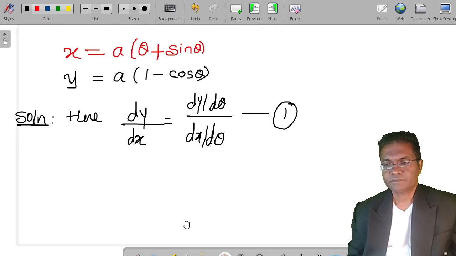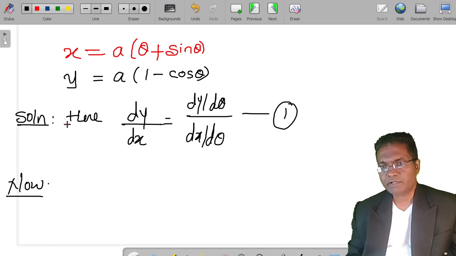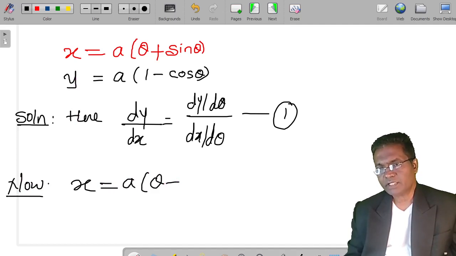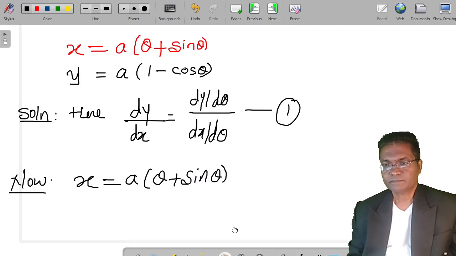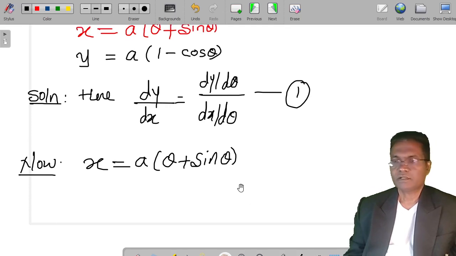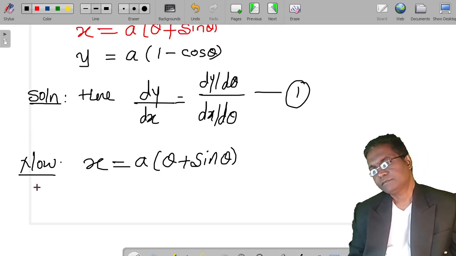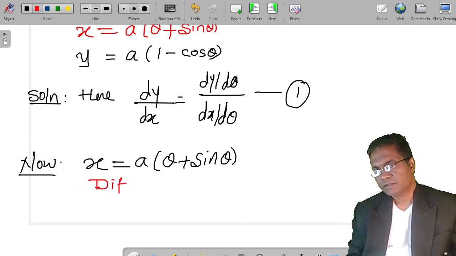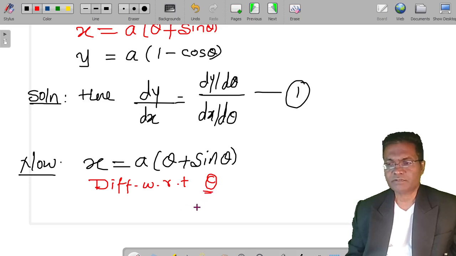Okay. Now you have to find the individual derivatives, that is dx by d theta and dy by d theta. So x is equal to a into theta plus sine theta. Okay. Differentiate with respect to theta.